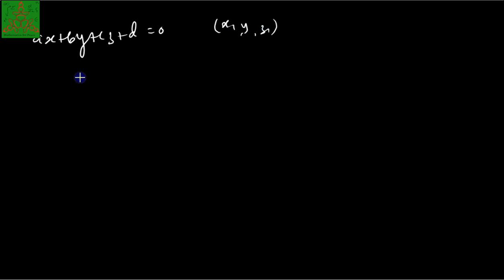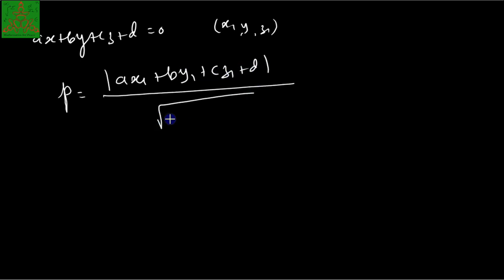Then the formula to calculate the distance, generally denoted by a small p, is the absolute value of ax1 plus by1 plus cz1 plus d, upon the square root of a square plus b square plus c square. This is the formula to calculate the distance between this point and this plane.